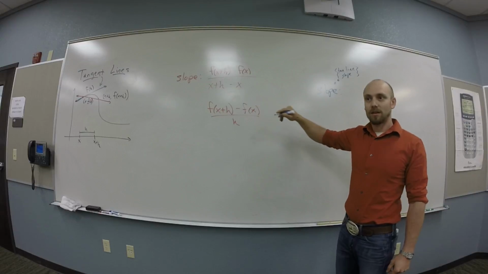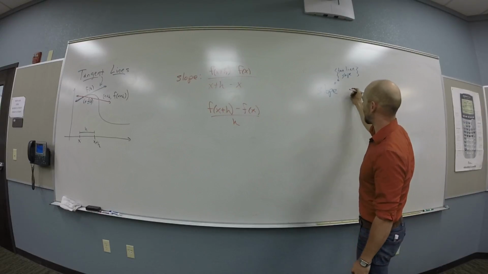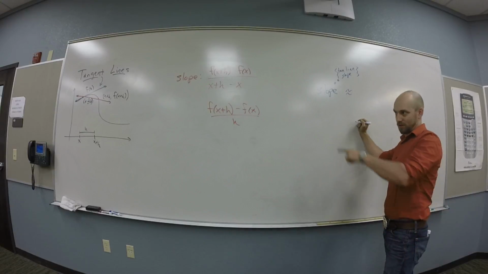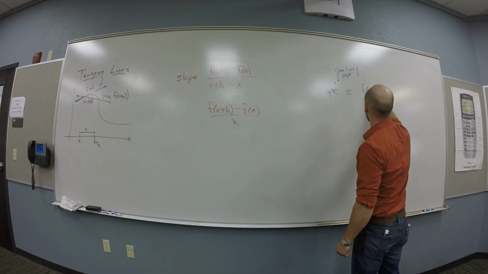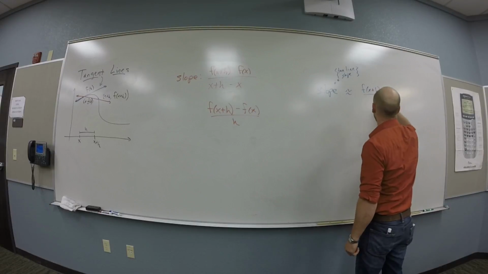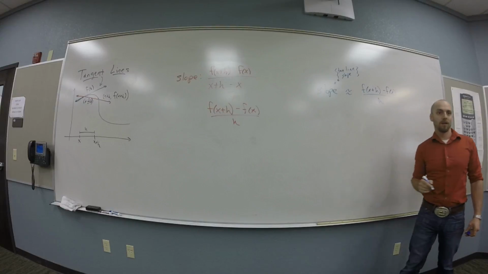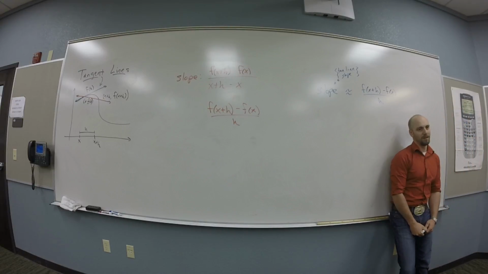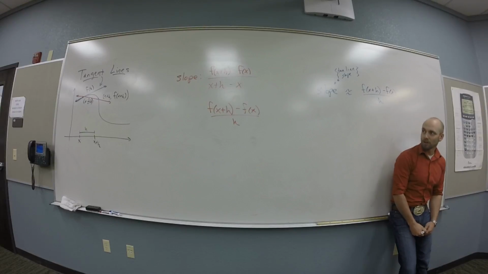So this slope is maybe not exactly equal to, but almost equal to that thing. How can I make this approximation better? What do I want to do to h to make that approximation closer?